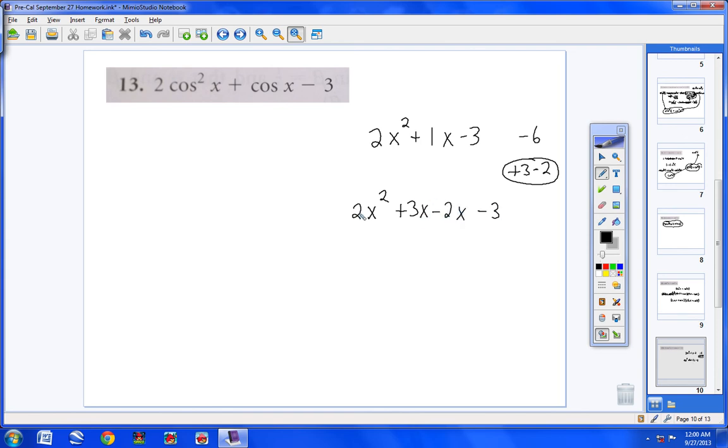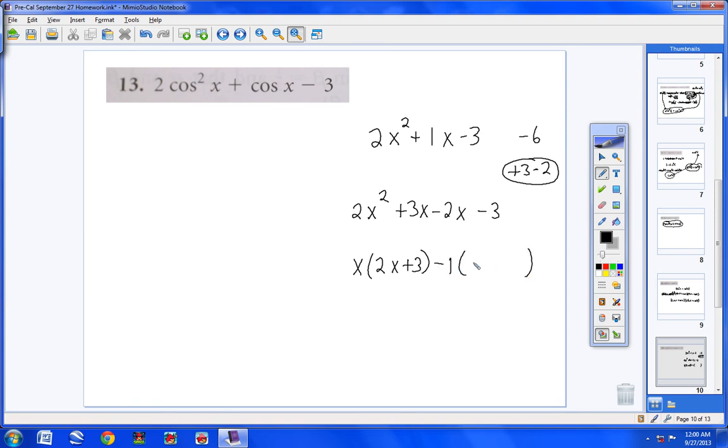Very good. Now, what can I pull out that's common in the first two terms? An x. And when I do that, I'm left with 2x plus 3. X times 2x, 2x squared, x times 3, 3x. Now, remember when the first term out of these last two terms is negative, you pull out a negative sign, and there's nothing else you can factor out, so we put a 1. Now be careful with your signs.